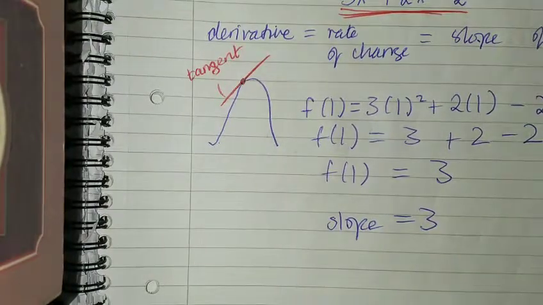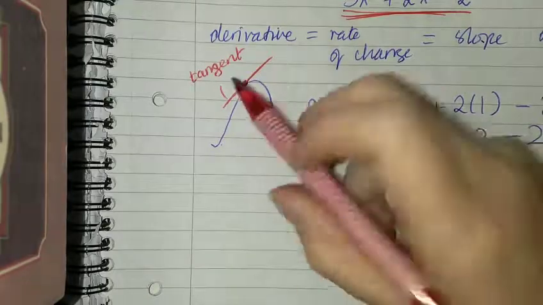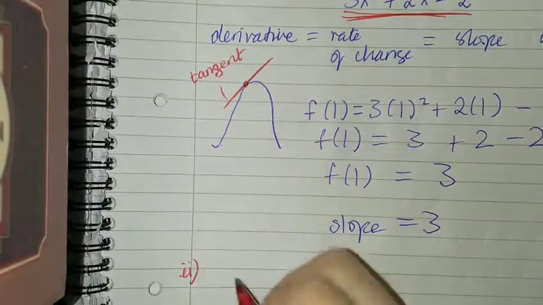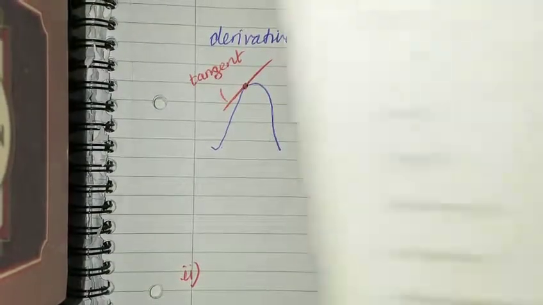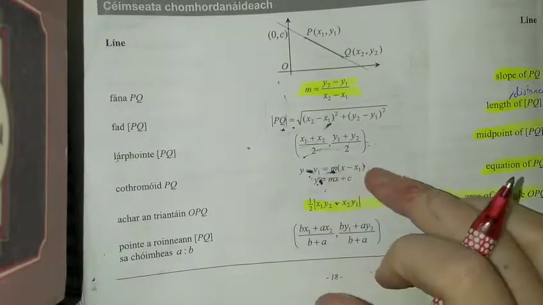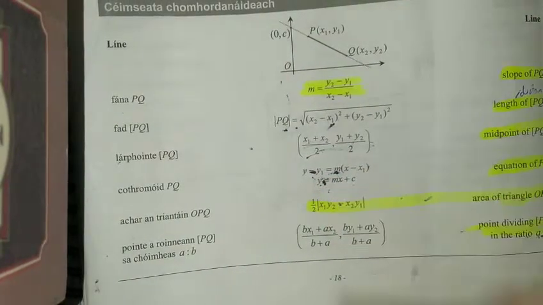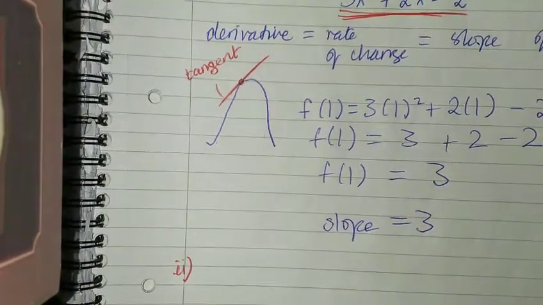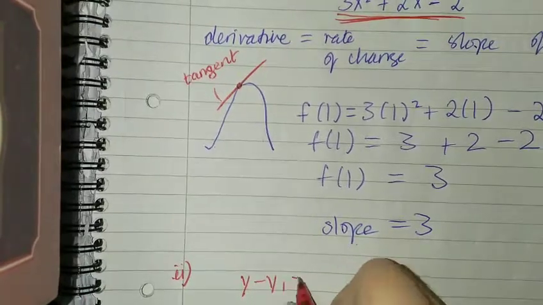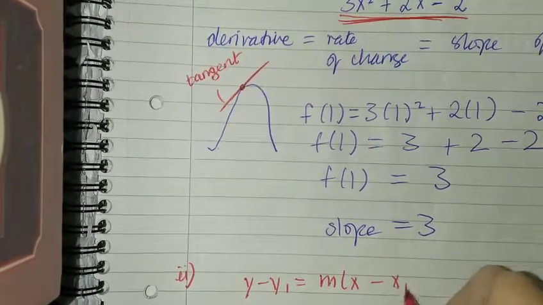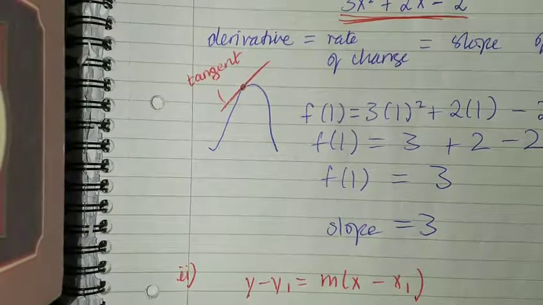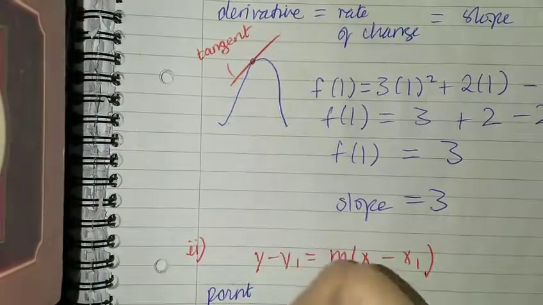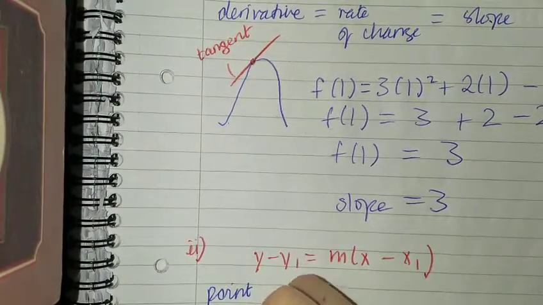And then we're asked, hence find the equation of the tangent. We know that the tangent is going to be a straight line. If we want the equation of a straight line, we use the formula from our log tables: y minus y1 is equal to m times x minus x1. We can use y equals mx plus c if we know where it cuts the y-axis, but in this case we don't. To use this formula, we need a point and we need a slope.